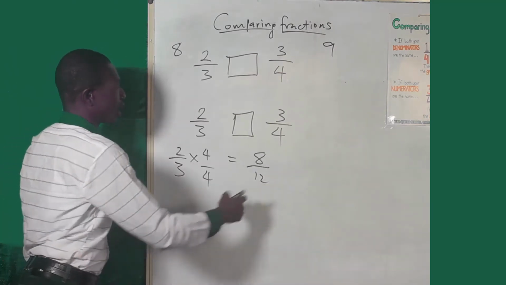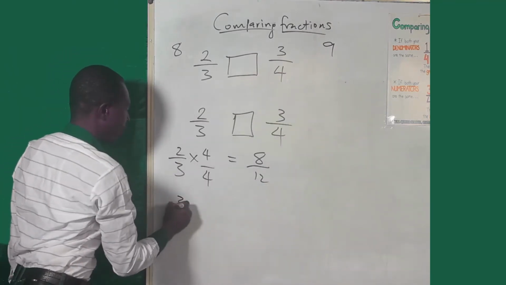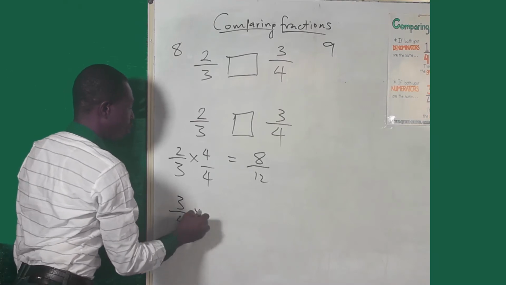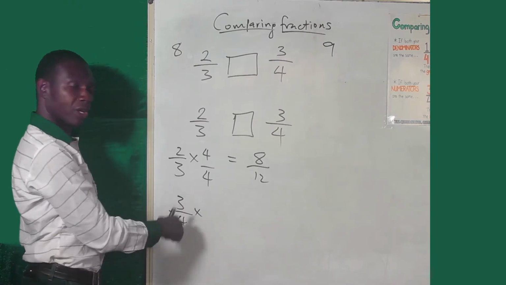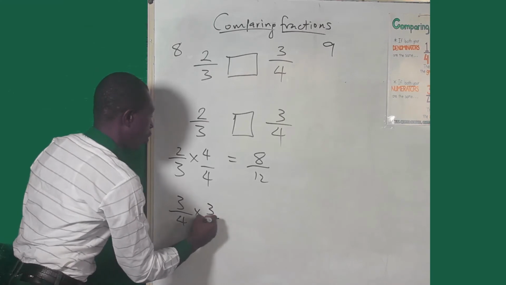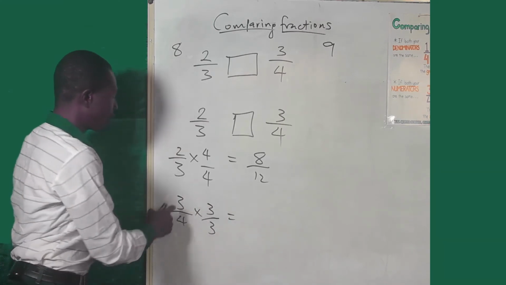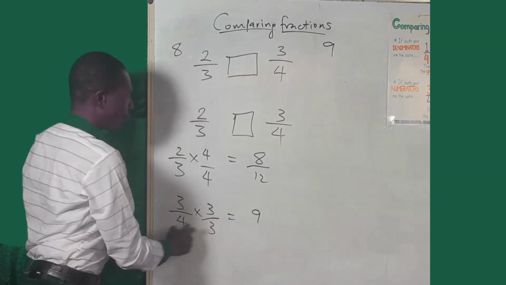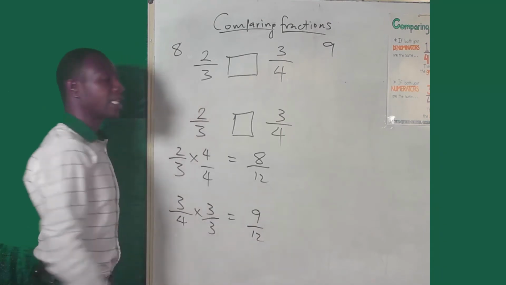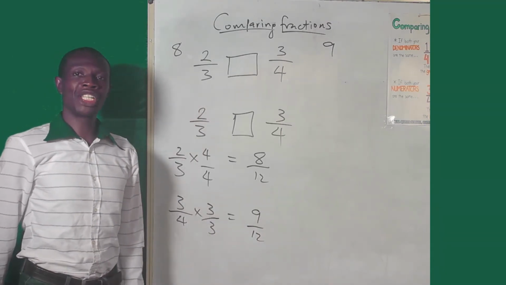In the second one, what am I going to multiply with 3 over 4 to give me a denominator of 12? A 3. So 3 over 3. Now we are going to have 3 times 3, 9. 4 times 3, 12. Now they have the same denominator.